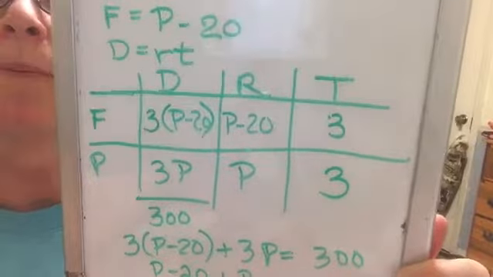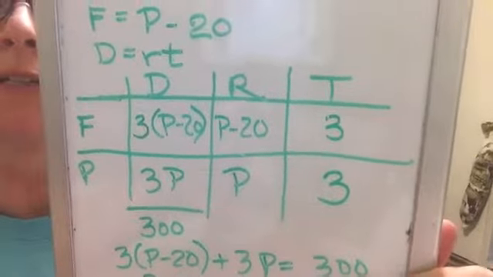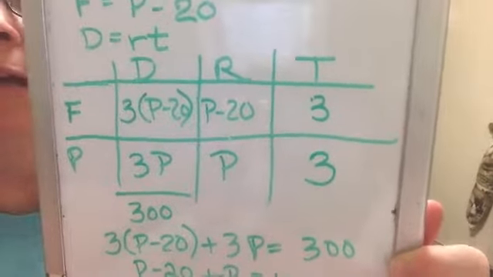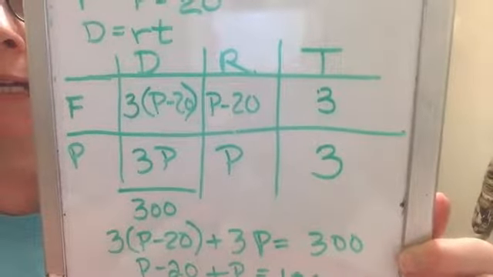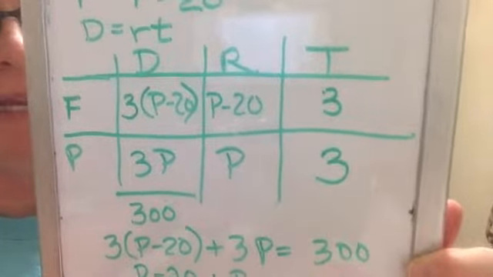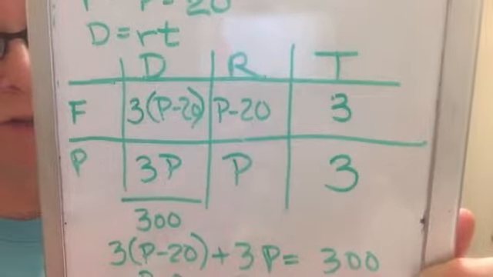Right? So distance is 3 times passenger minus 20 for the freight train. Then we do the same thing for the passenger train. It is going at a rate of P for passenger train, and it's traveling for 3 hours before it meets the other train.